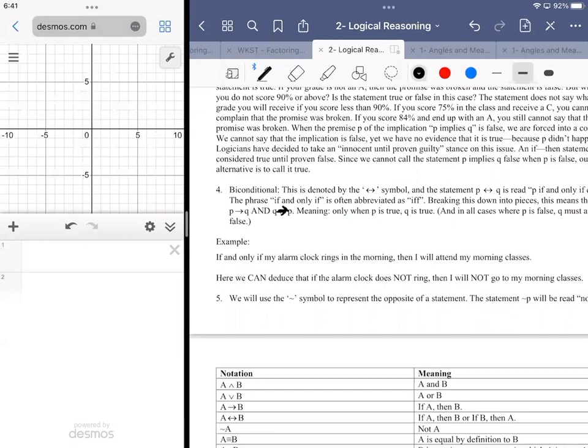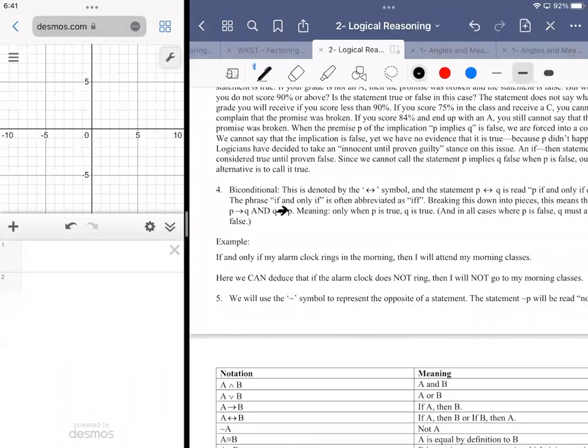That's a little bit better way of tying it together with the common vernacular. It's more like the only way I'm going to class in the morning is if my alarm clock rings. I mean, the only way I can teach this class is if I can actually speak, for crying out loud. So that's a more everyday way of explaining the same idea.